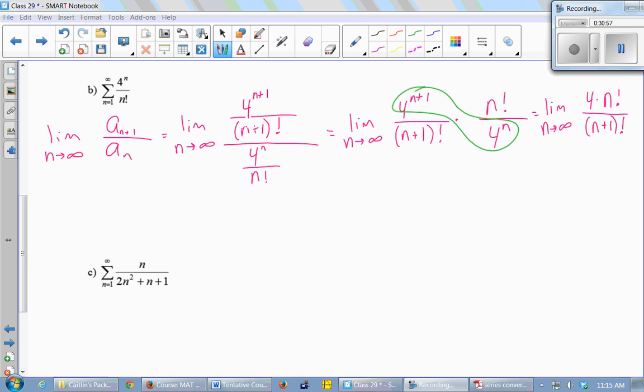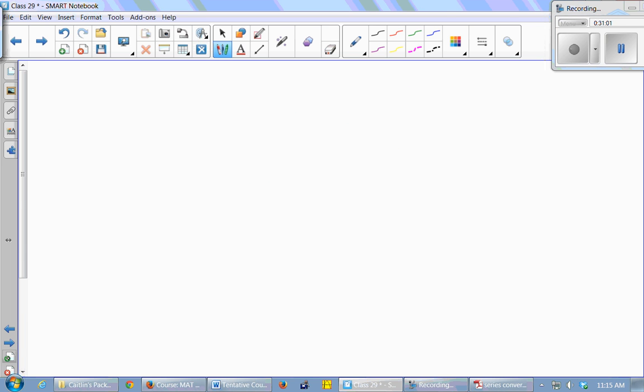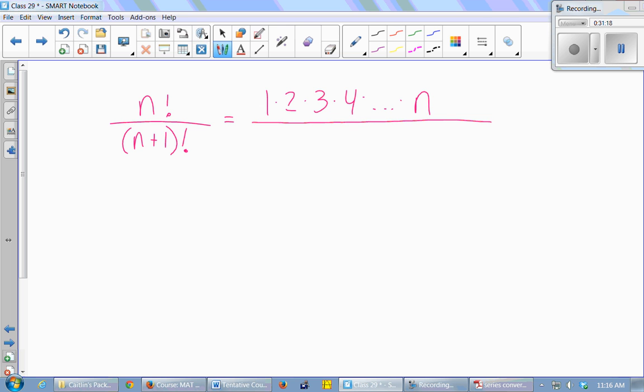Yeah, it would just be n plus 1 on the bottom. Let's write that out and explain it. So I have n factorial divided by n plus 1 factorial. Well, n factorial means 1 times 2 times 3 times 4 times up to n. Stop at n, right? n plus 1 factorial means 1 times 2 times 3 times 4 times up to n times n plus 1.